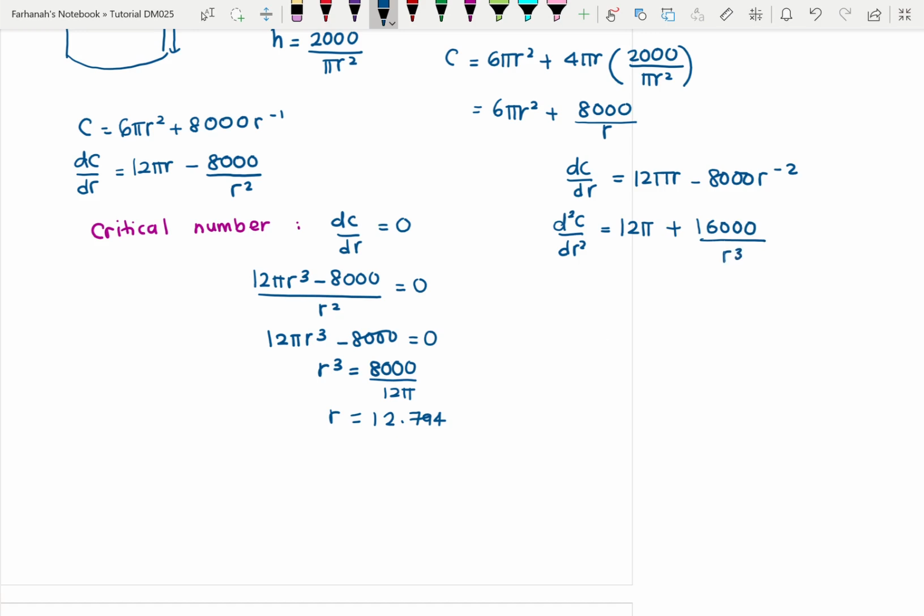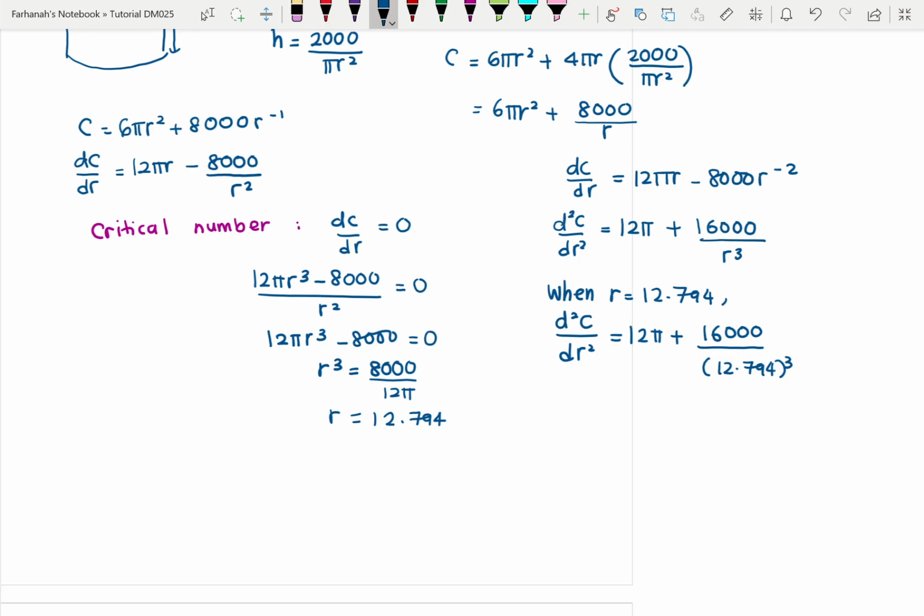So, when r equal to 12.794, substitutekanlah, evaluate for the d squared C over dr square. Kita akan dapat 12 pi plus 16,000 over 12.794 cube.